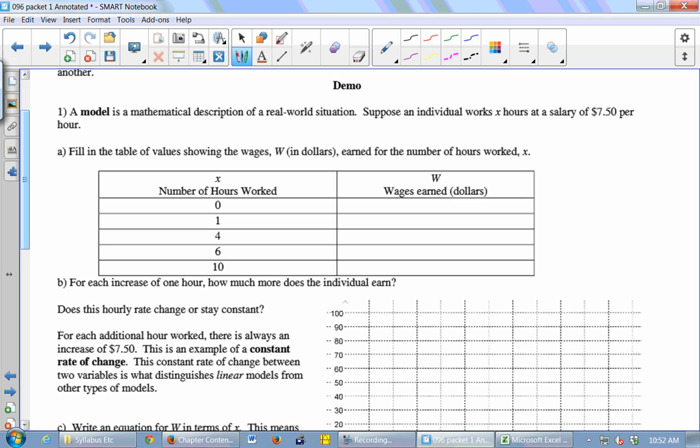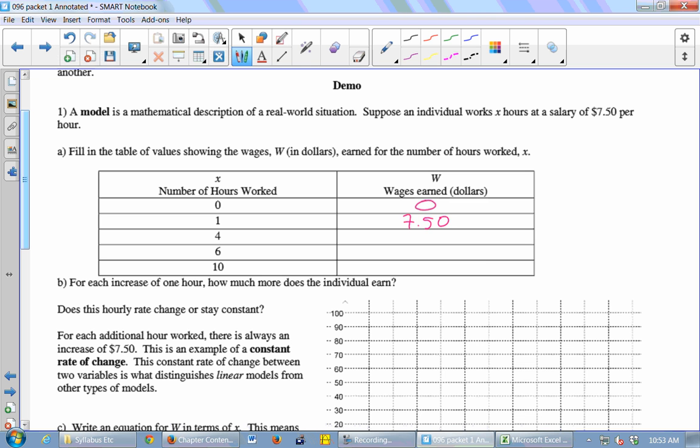Okay, so a model is a mathematical description of a real-world situation. Suppose an individual works x hours at a salary of $7.50 per hour. And I'm going to fill in this table that shows how much they make for various numbers of hours worked. If they worked 0 hours, how much money do they make? $0. 1 hour, how much money? $7.50.